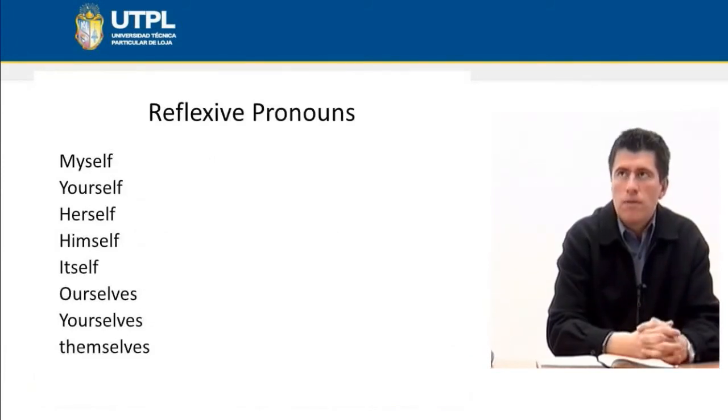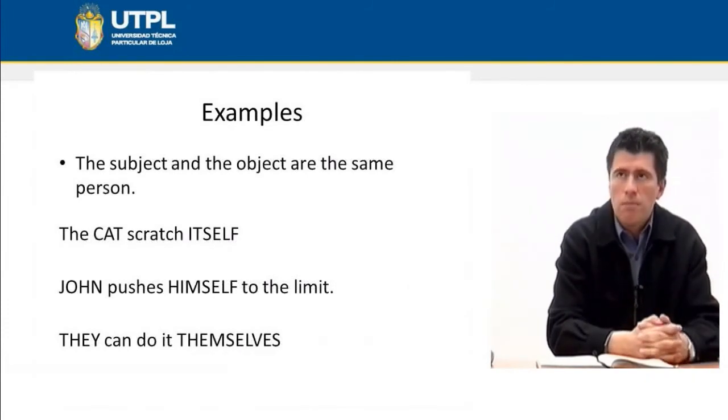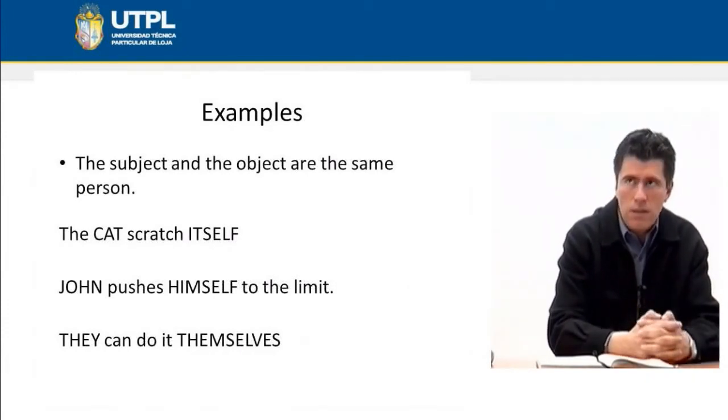Another grammar point from the book are reflexive pronouns. I listed all the reflexive pronouns, and there you have them: myself, yourself, herself, himself, itself, ourselves, yourselves, and themselves. I have also written some examples so you can see how they are used. These reflexive pronouns are used when the subject and the object are the same person. I also wrote the subject and the object in capital letters.